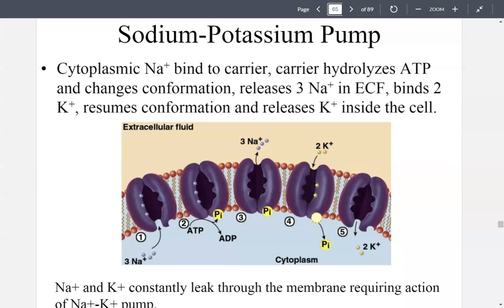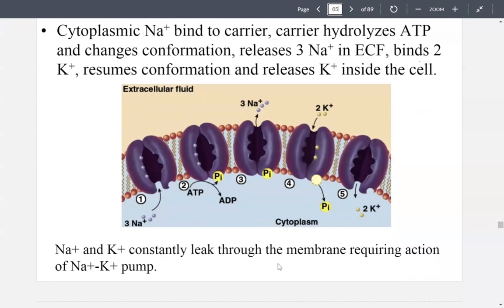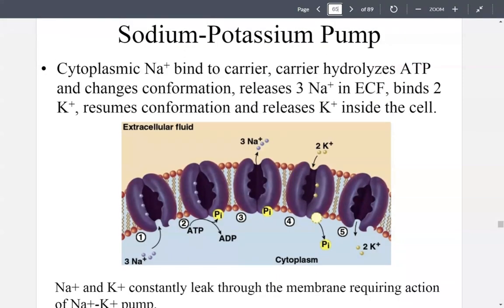Why do we have this sodium-potassium pump? We have the sodium-potassium pump because sodium and potassium are constantly and easily moving through the membrane based upon the concentration. Why does this matter?